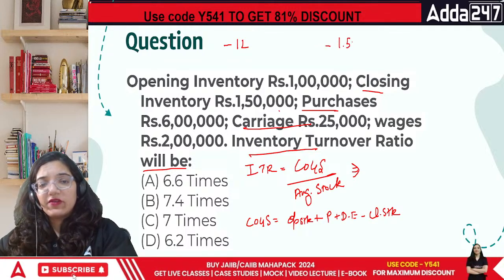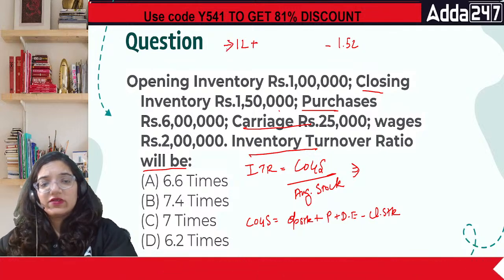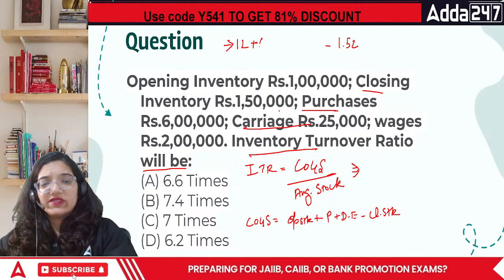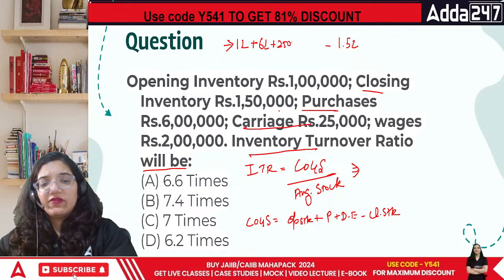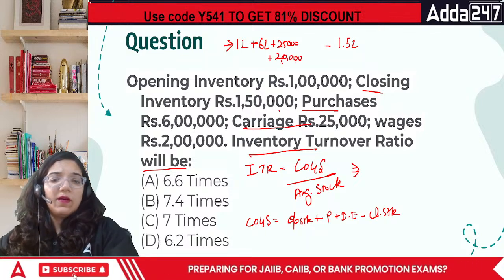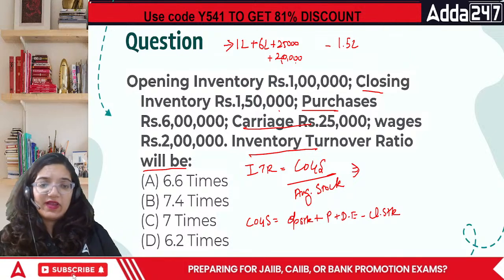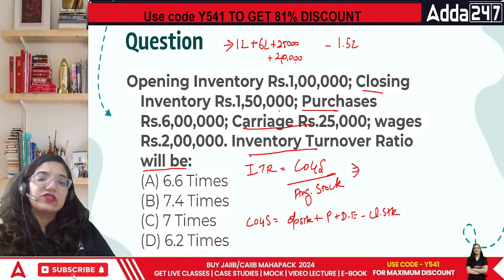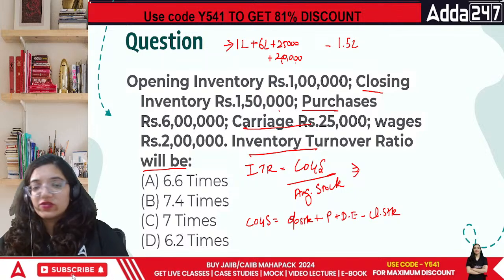Closing is 1.5 lakh. Plus purchases are 6 lakhs. Plus 25,000. Plus 2 lakh. Minus 1.5 lakh. This will give us the cost of goods sold.